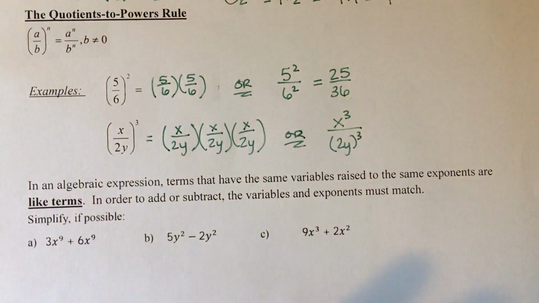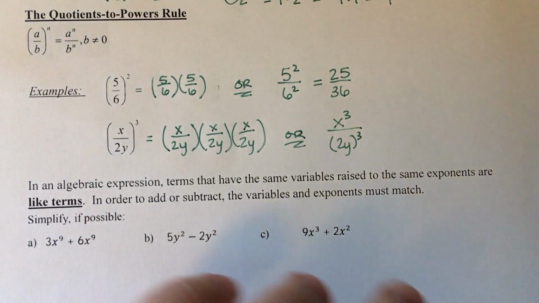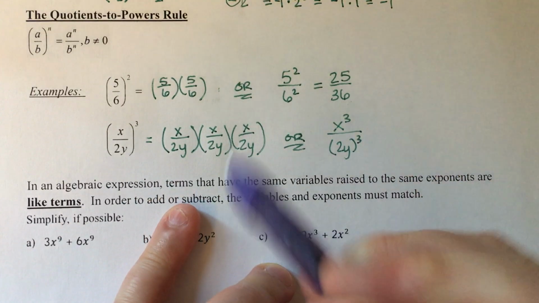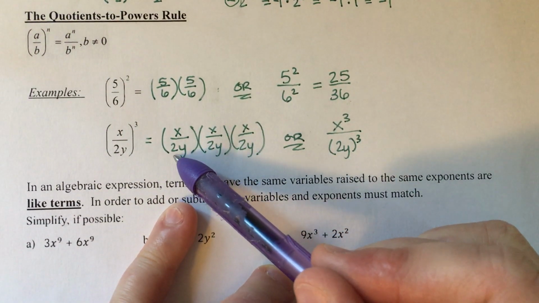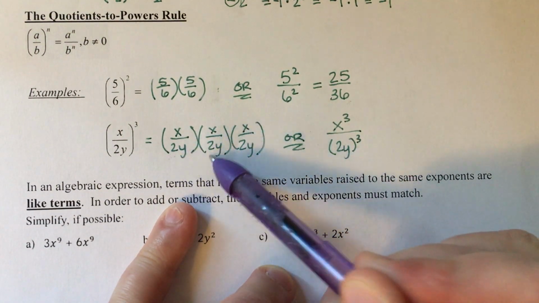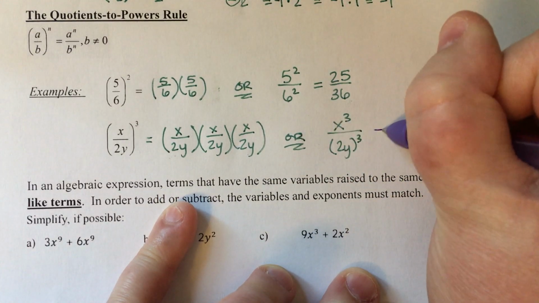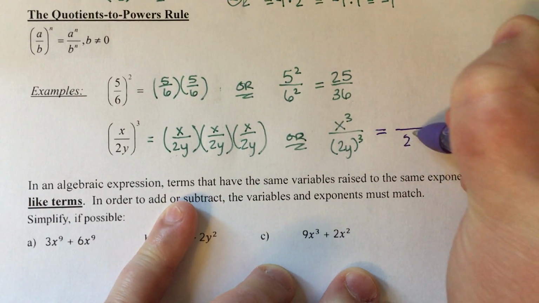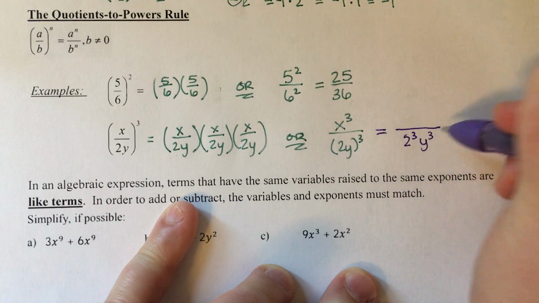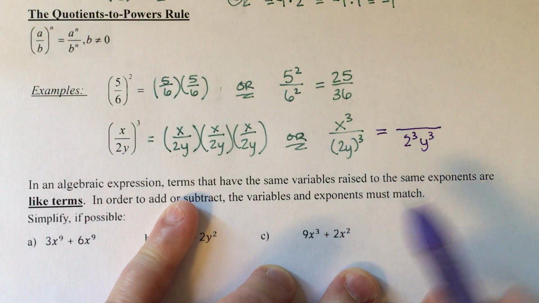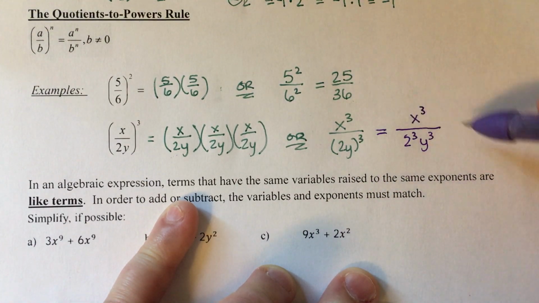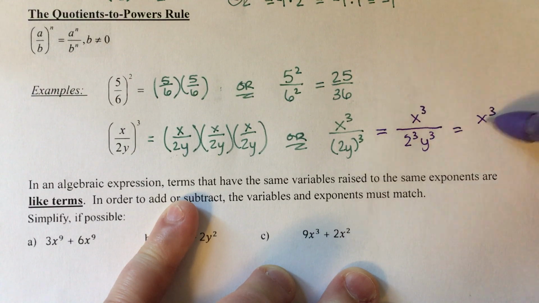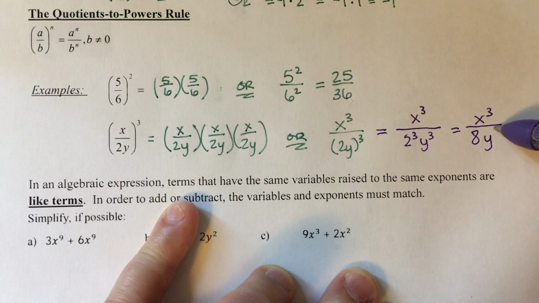I use parentheses on the bottom because we haven't talked about this yet, but even here it's hopefully clear that we need to multiply 2 times 2 times 2. So the 2 is cubed and the y is cubed. It's not just one or the other. So our final answer for this is x cubed over 8y cubed.